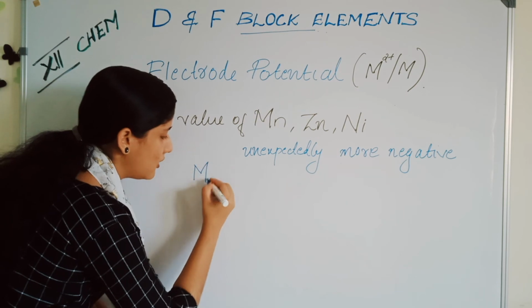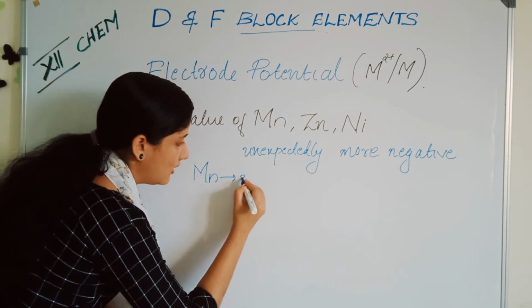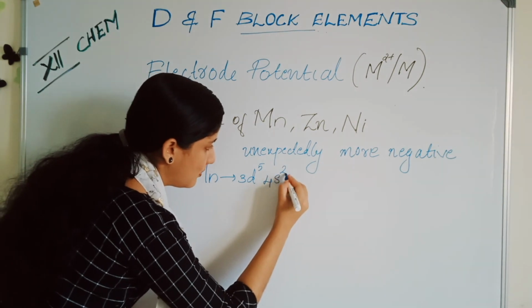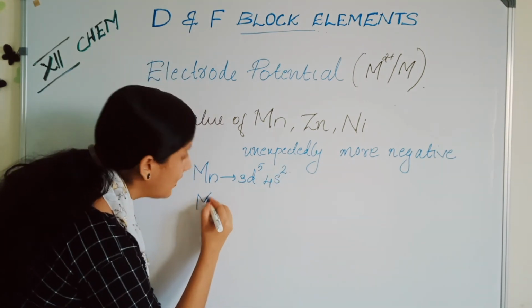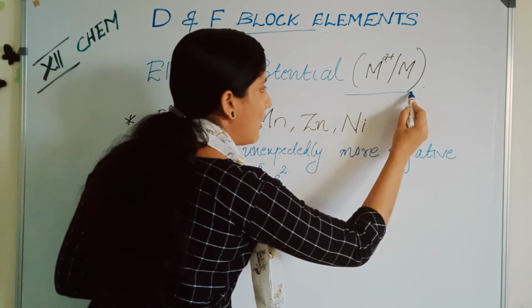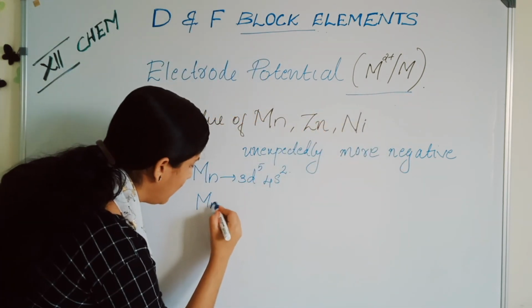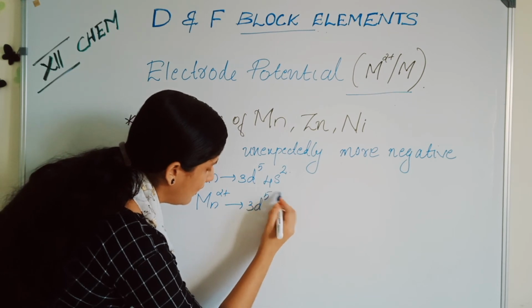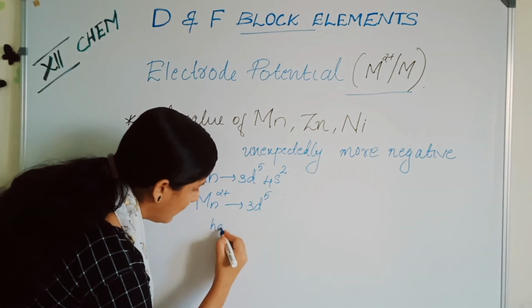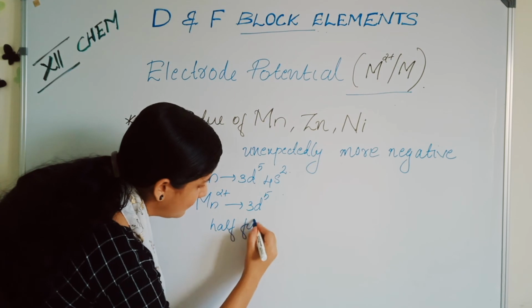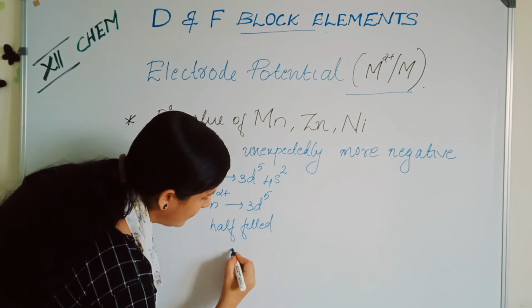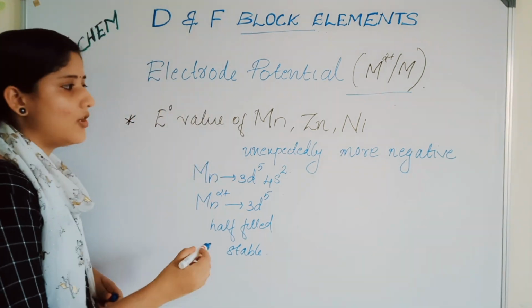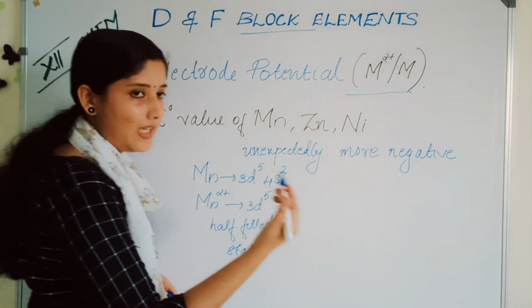The configuration of manganese is 3d5 4s2. When we are looking at M2 plus bar M, when it is Mn in 2 plus oxidation state, it is 3d5. Hence it is half filled and highly stable. Hence the E0 value is more negative. Similarly, take the case of zinc.